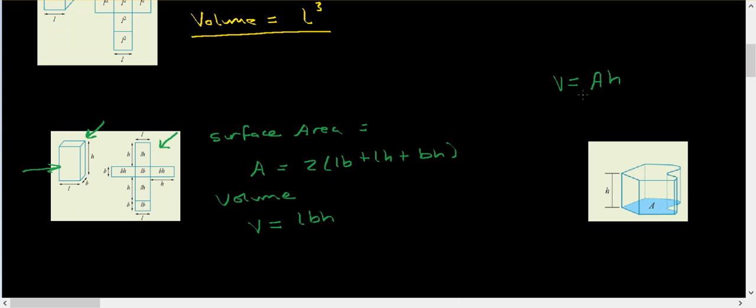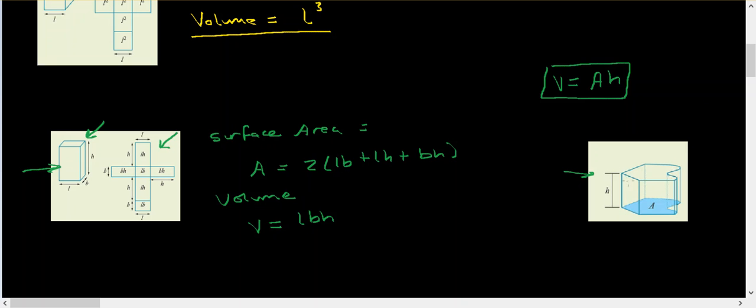Now this will work for any shape whose cross-sectional area is uniform. What we mean by that is, if you were to take this shape here and cut it into slices, the cross-sectional area will be uniform the whole way through.